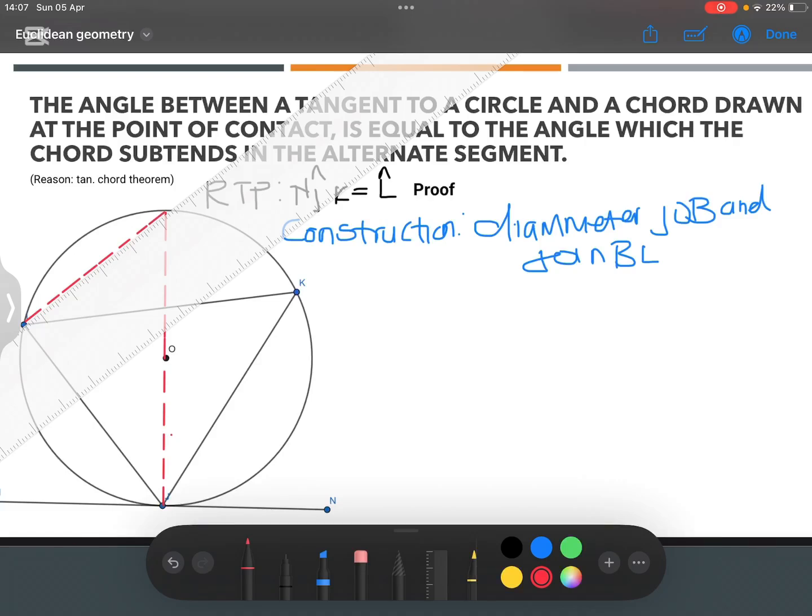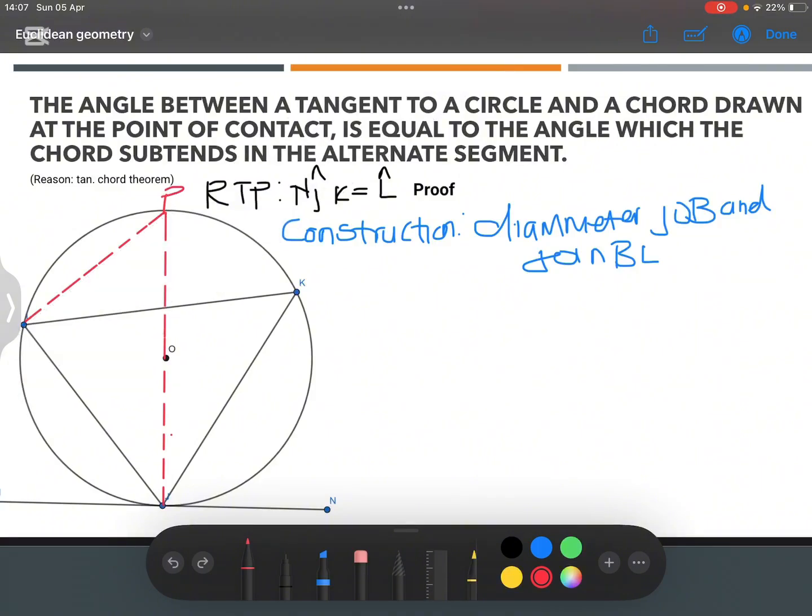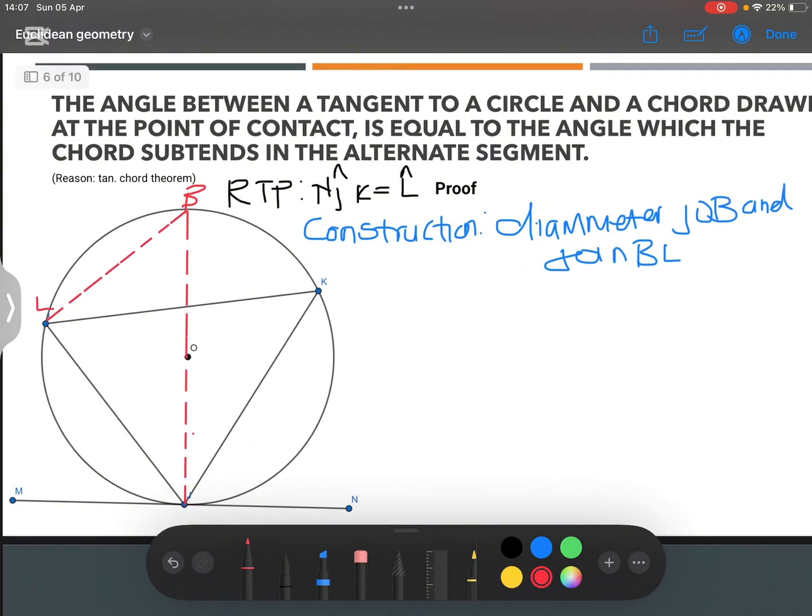Okay, so now we have our B here, that is diameter JOB, right? And then we have BL. Here is our L. So now we're going to have J1, J2, and then L1 and L2.